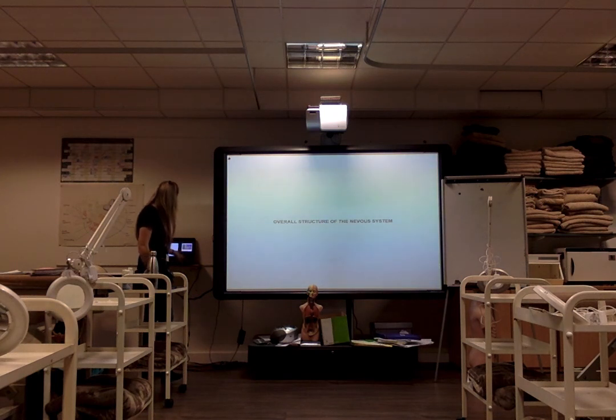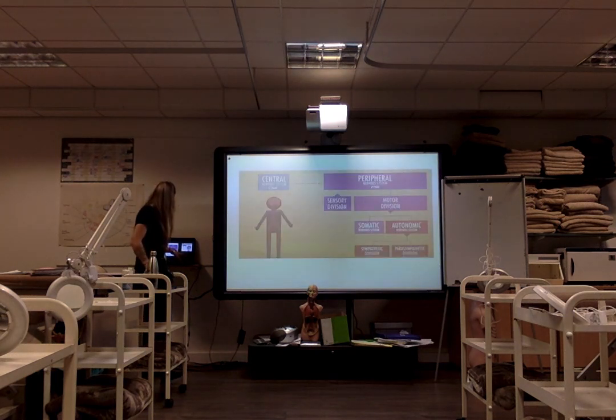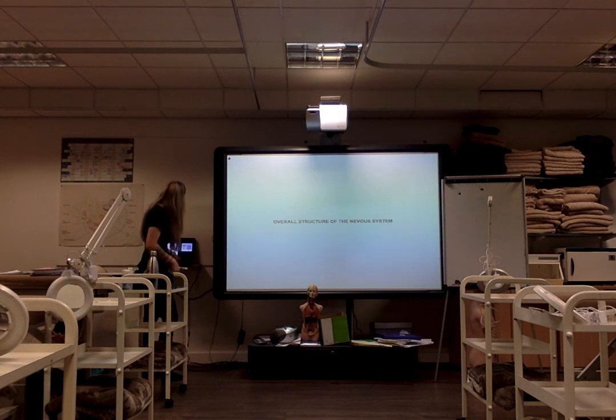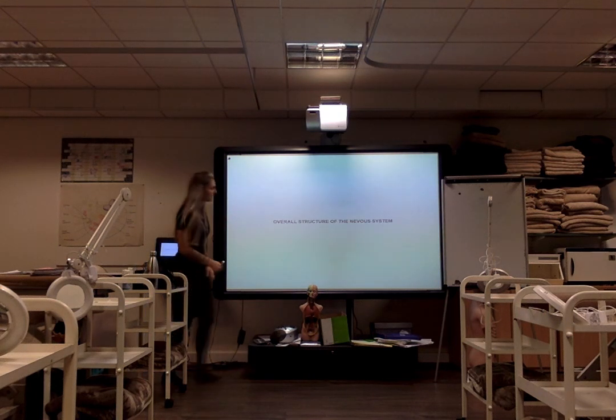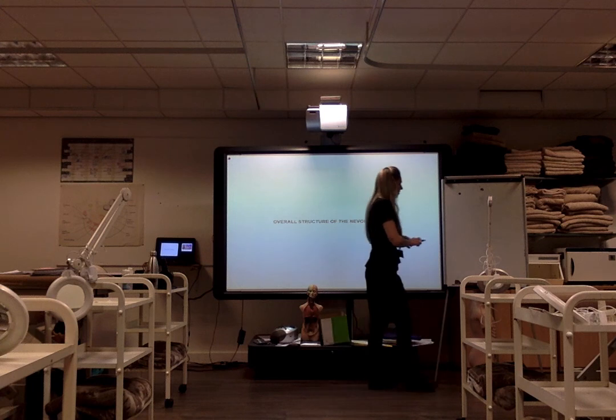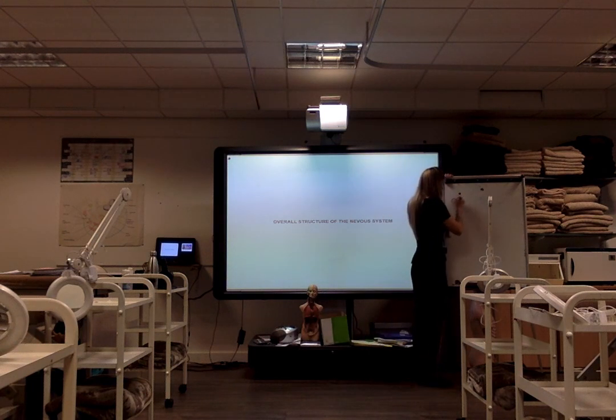Guys, I'm just going to take 5 more minutes and then we'll have a break. So the overview of your nervous system, we have what? Central nervous system, and that contains what? What do you think your central nervous system contains?